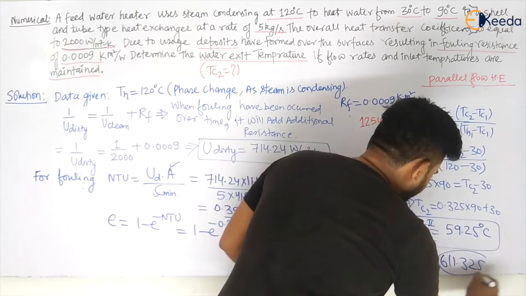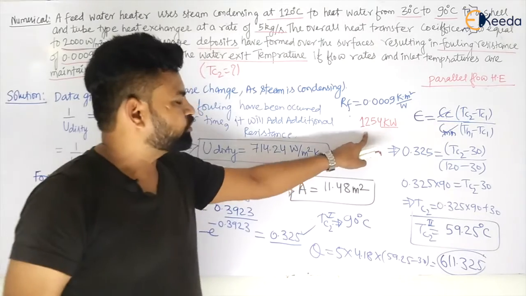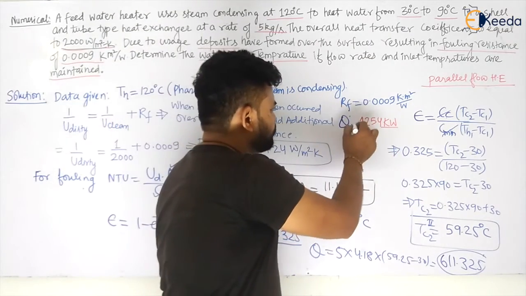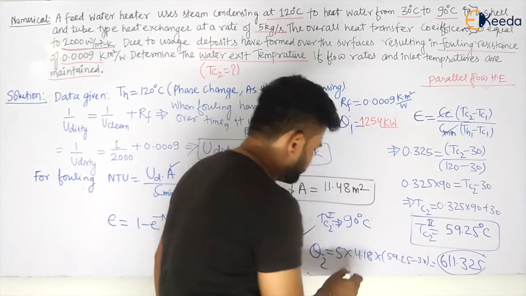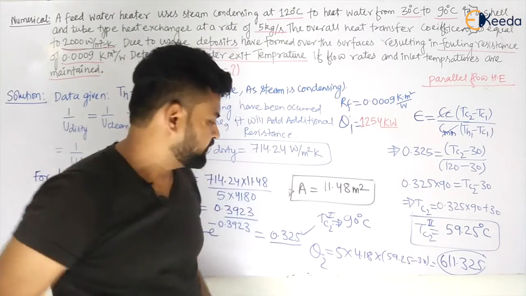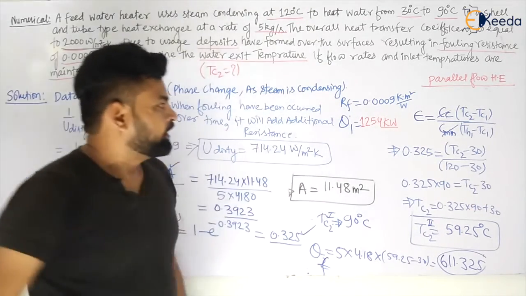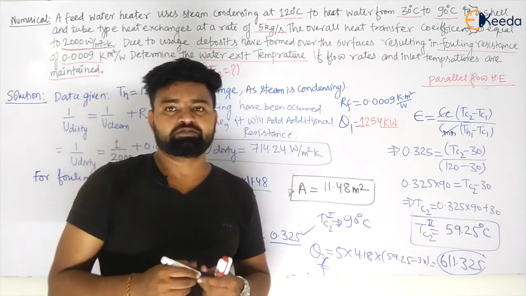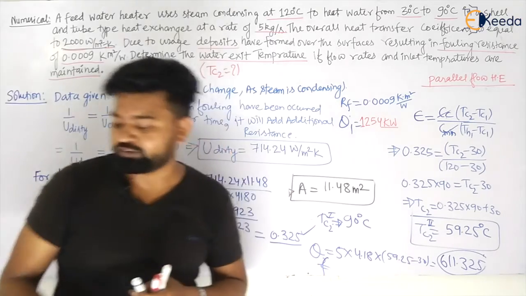You can feel that it was 1254 kilowatt in the first case, Q1, and in the second case, when fouling is occurring, Q fouling is 611.325. So there is approximately 50% reduction in the heat transfer.